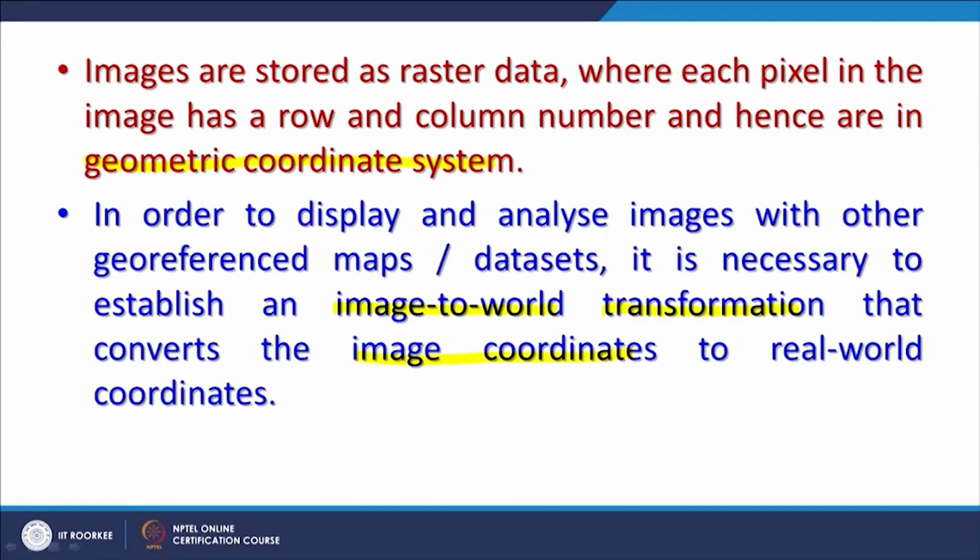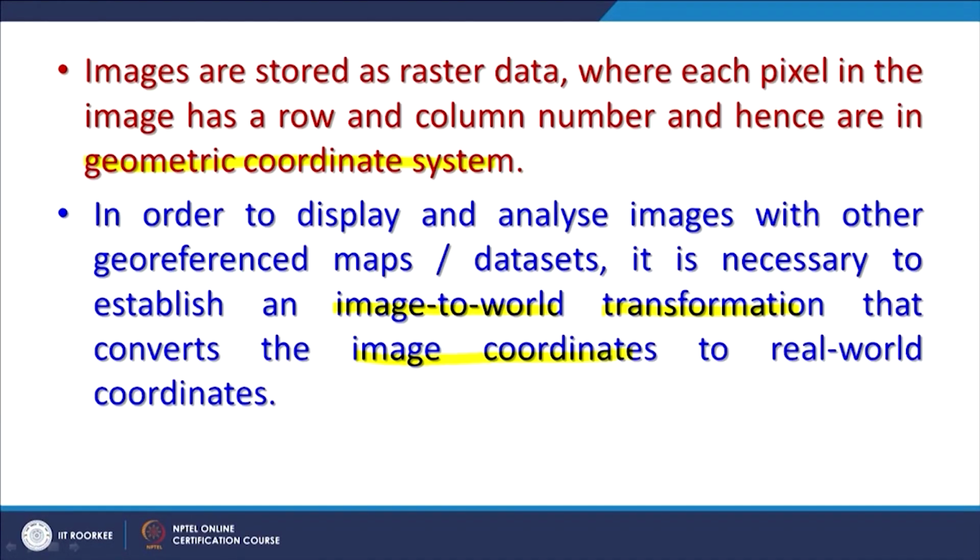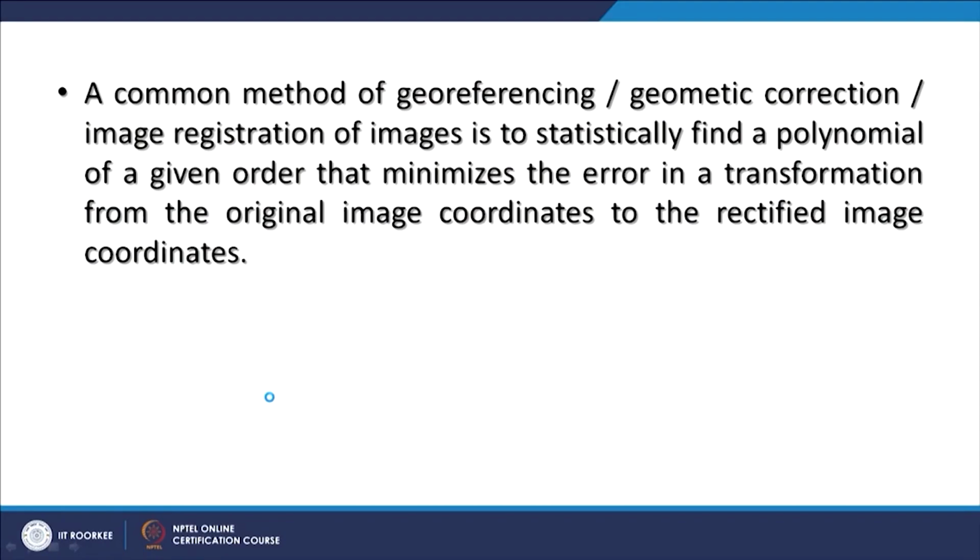So, as we know, in order to display and analyze images with other data sets in our GIS database which are already georeferenced, it is essential to establish an image-to-world transformation, which is basically what georeferencing is. It converts your image coordinates, which start from top left, first row, first column, to real-world coordinates, which are our geographic coordinates.